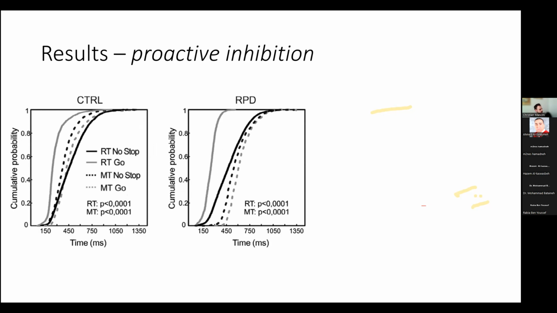And as you can see, patients with the right side take a little bit longer to make the movements as expected, but they show a correct and healthy context effect. So the movement times of no-stop trials, on the left, are shorter than the movement times of go-only trials on the right, and it's highly significant.